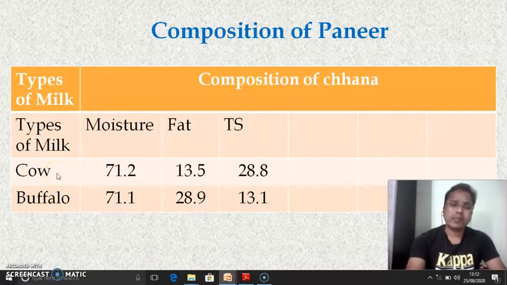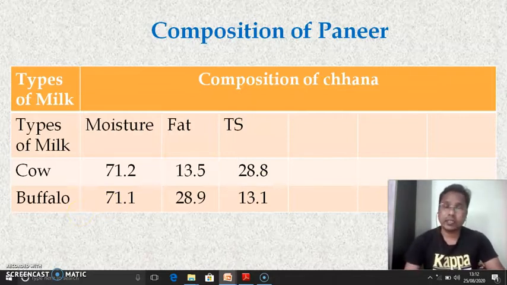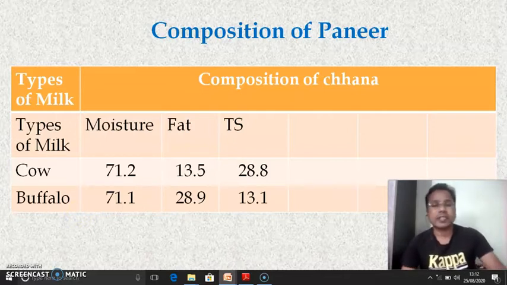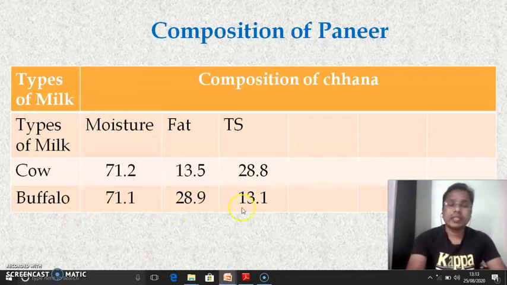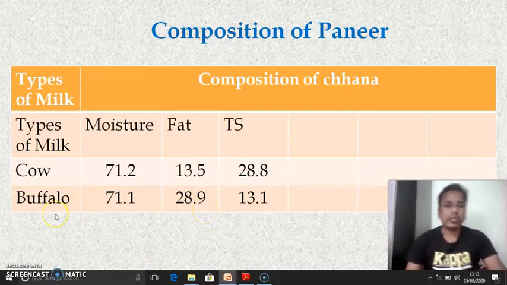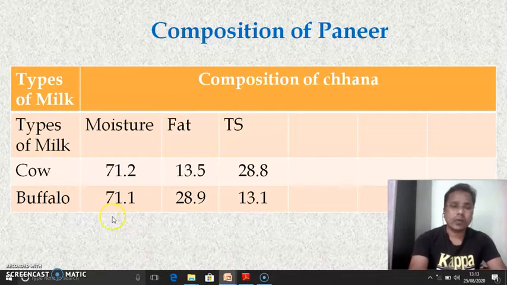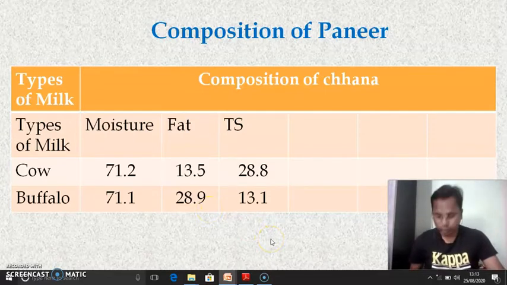If paneer is prepared using cow milk, it has a moisture content of 71.2%, fat content of 13.5%, and total solids of 28.8%. In buffalo milk paneer the moisture content is 71.1%, and total solids 28.9%, whereas the fat content is higher compared to cow milk, as we know that buffalo milk generally has more fat than cow milk, and therefore we get more fat in the final product. So this is the composition of paneer.